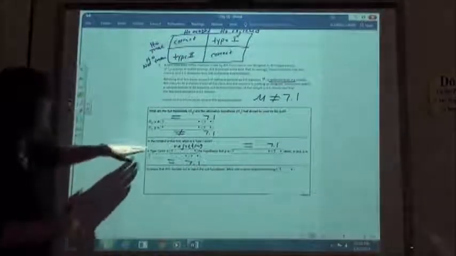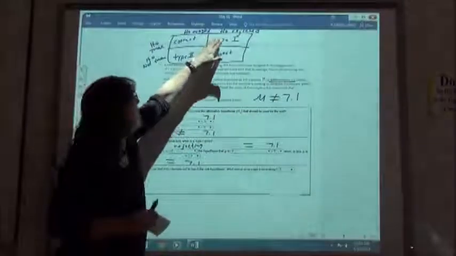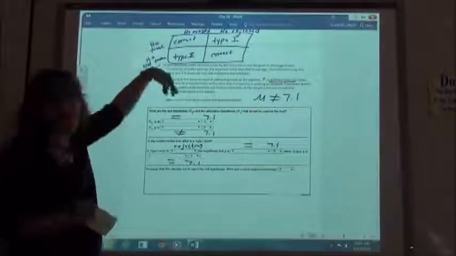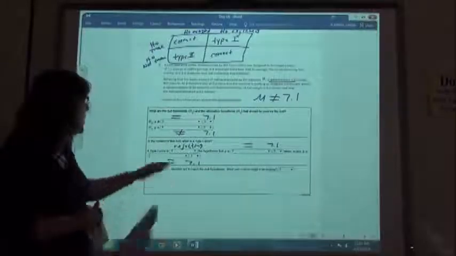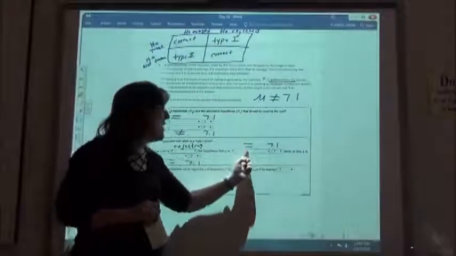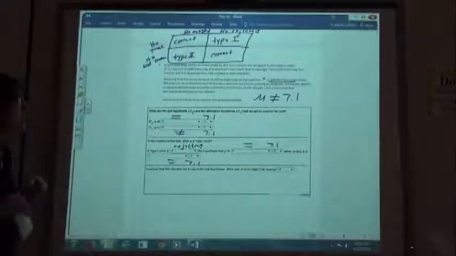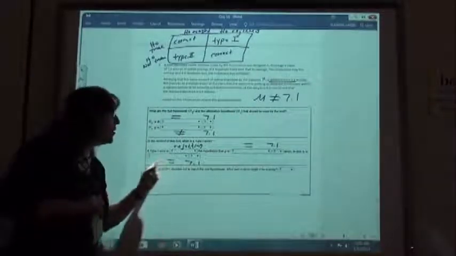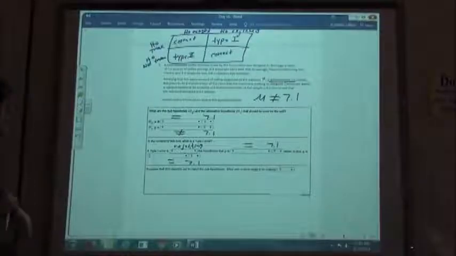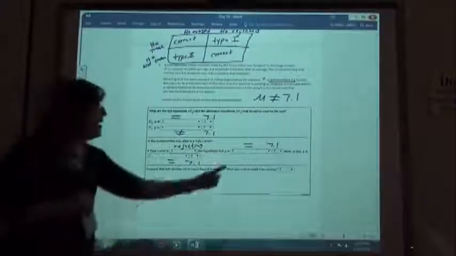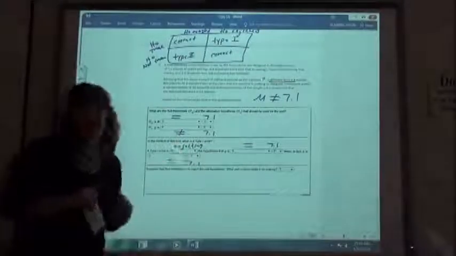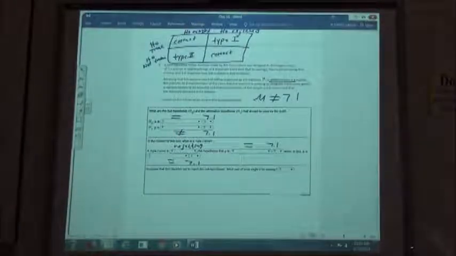So a type 1 error is when you reject it when it was true instead of accepting it when it was true. So rejecting that it's equal to 7.1, which is what our null statement is, when that is really a true statement. If they were both equal, I should have accepted it instead of rejected it.